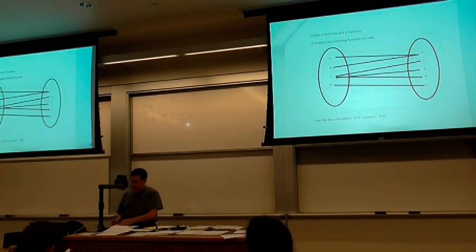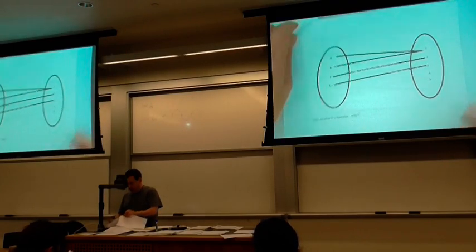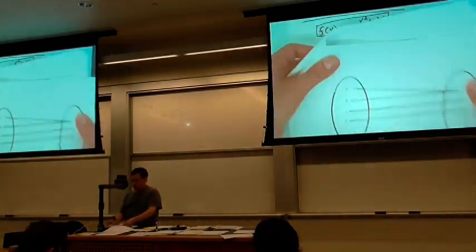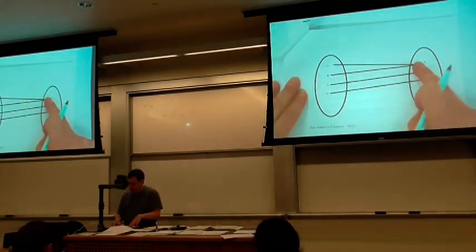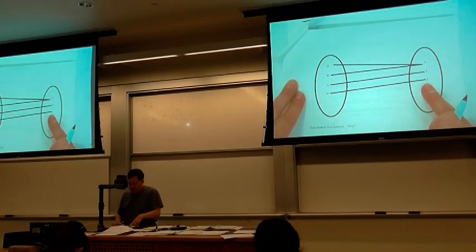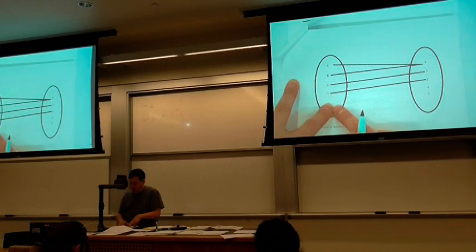Now, if we take a relation and we get rid of these problems, each member of our domain just goes to one member of the range. Now we have a function. In this case, the domain is finite, but most of the domains you're dealing with are infinite.